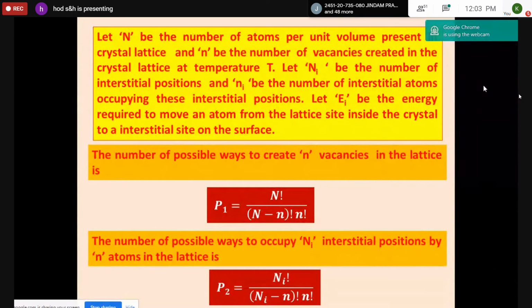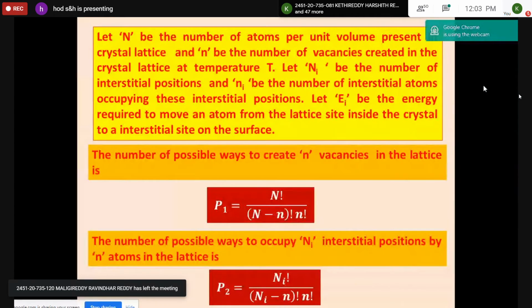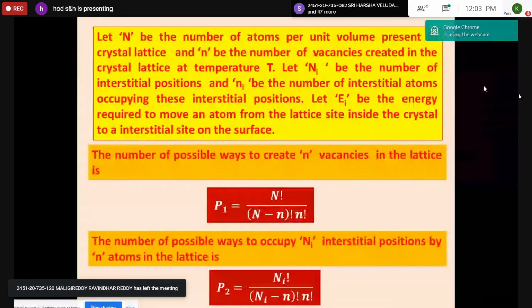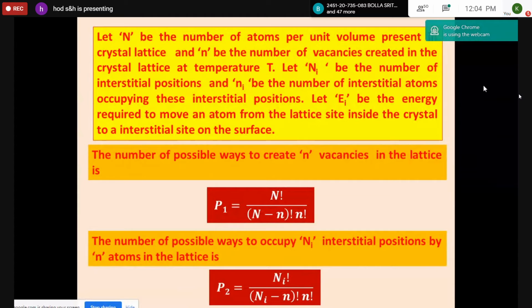You should address both. So first we are writing the first probability equation. The number of possible ways to create n vacancies in the lattice, let us name it P1, is equal to N factorial by N minus n factorial into n factorial. NCn ways, what we have discussed, is the same.